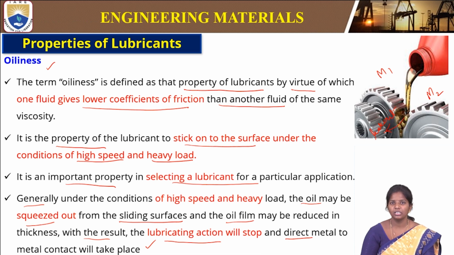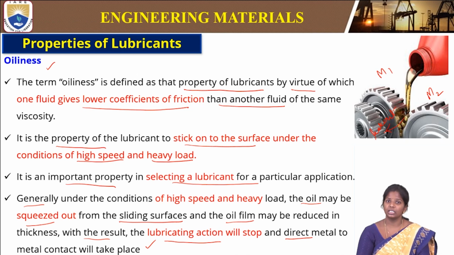Then there is no more lubricating property, because a very small amount of oil is present between these two metals, and these metals will come in contact. When they come in contact, wear and tear will take place. So it is very important to consider the oiliness of any particular lubricant before it is applied to any application like machinery or industries.